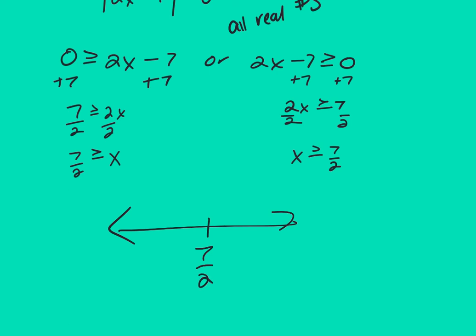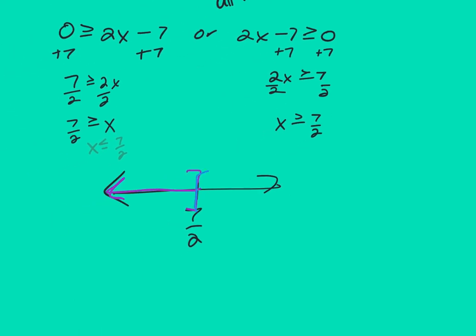The one on the left is saying less than or equal to 7/2, so bracket pointing that way. The one on the right is saying greater than or equal to 7/2. It would be a bracket on 7/2 pointing to the right. And this or is anywhere, and this whole number line is colored in. So this is why it would be all real numbers.